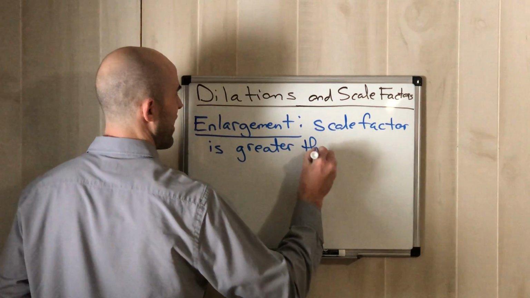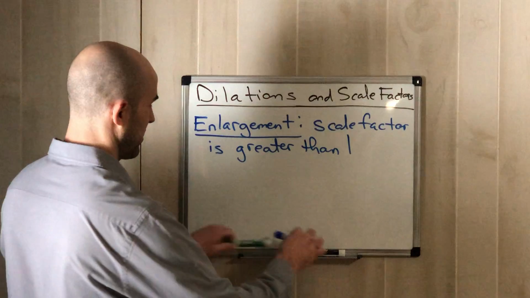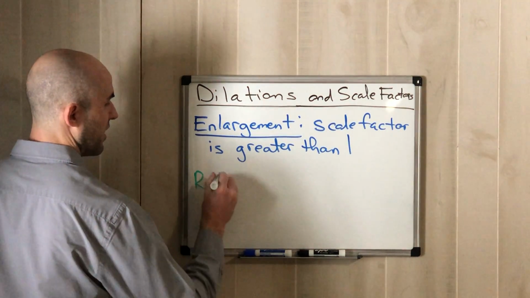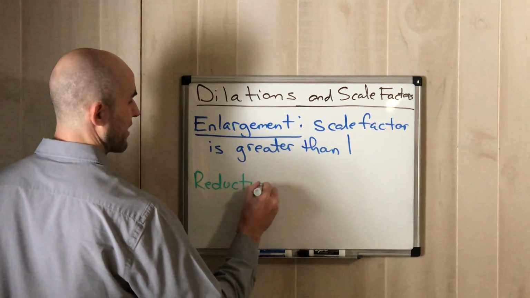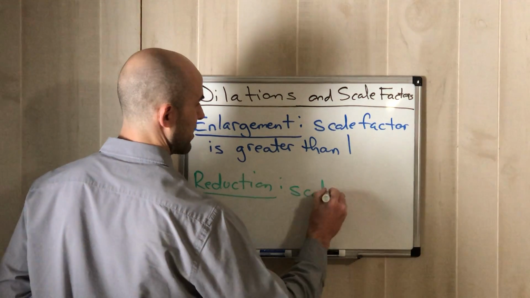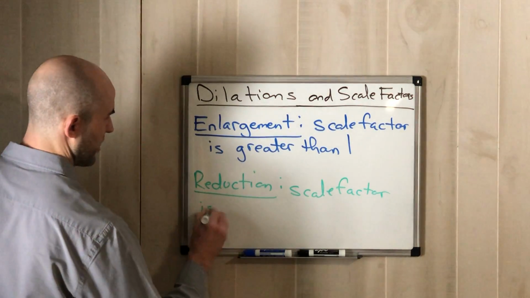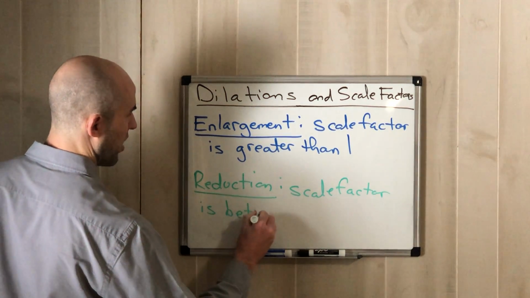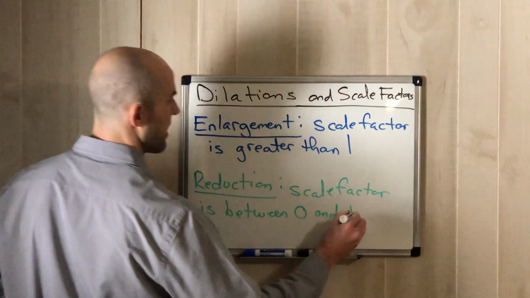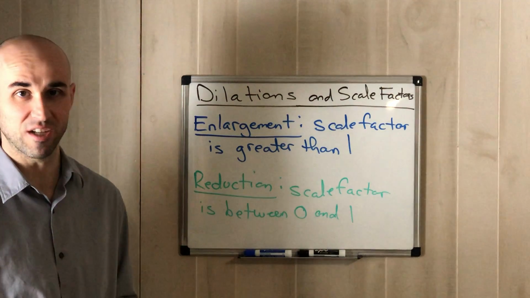If we have a reduction, which just means that it gets smaller, the scale factor is going to be between 0 and 1, always. And again, it's important to be able to analyze that, because when we don't have an illustration, the scale factors tell us everything we need to know, right?